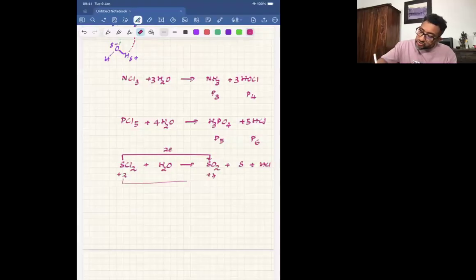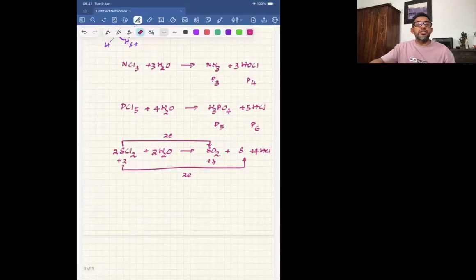On this side, it goes to sulfur, that is also 2 electrons. So this is 2, 2 times 2, 4. 4 hydrogen means you need 2 water. That is your reaction. The oxidation and reduction take place.